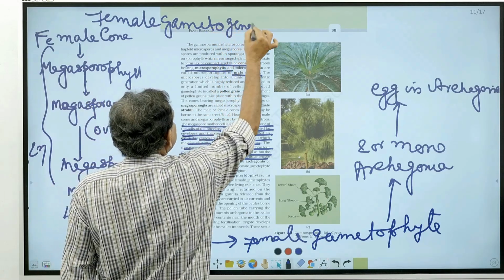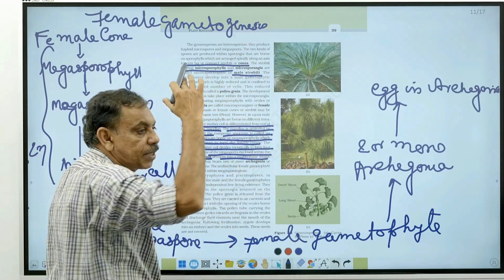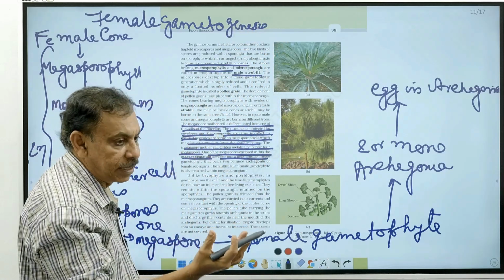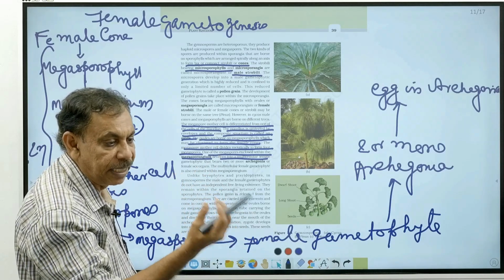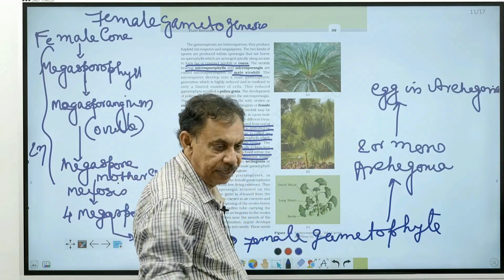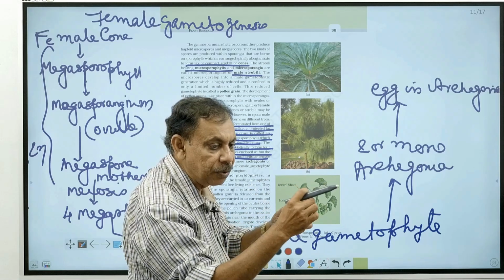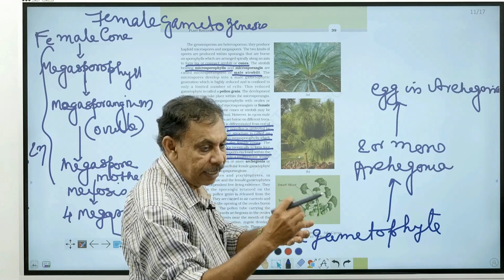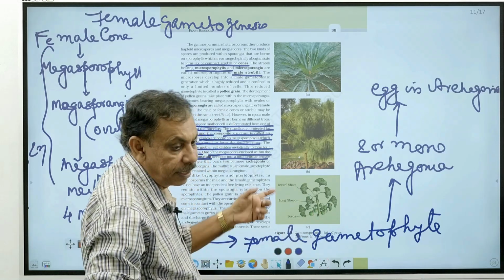Similarly, microsporophyll contains microsporangium. Microspore mother cells undergo meiosis, forming microspores, pollen grains, the male gametophyte, which fall on the ovule beak, develop, and the pollen tube enters the archegonia. The male gamete fuses with the egg, resulting in a zygote.